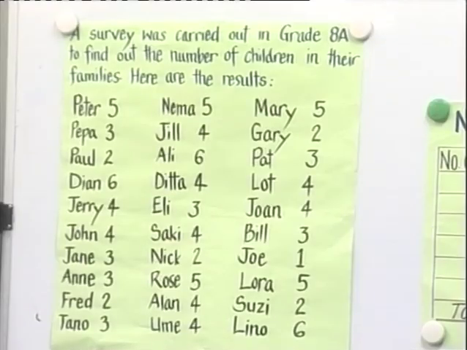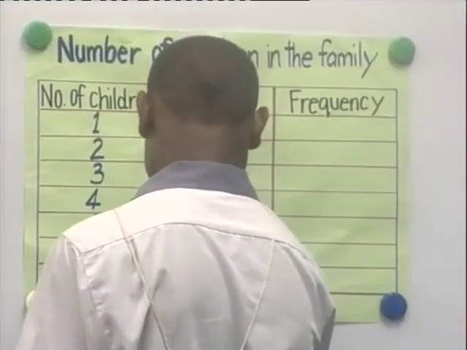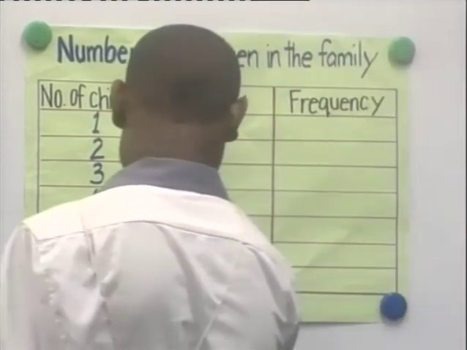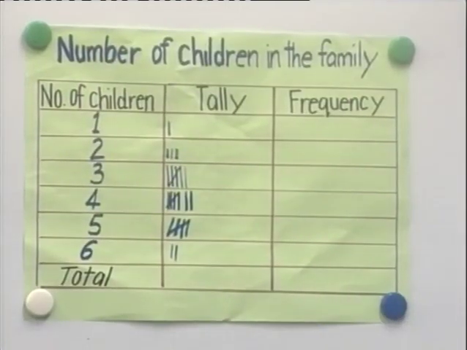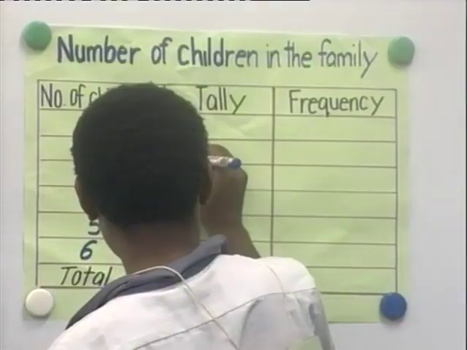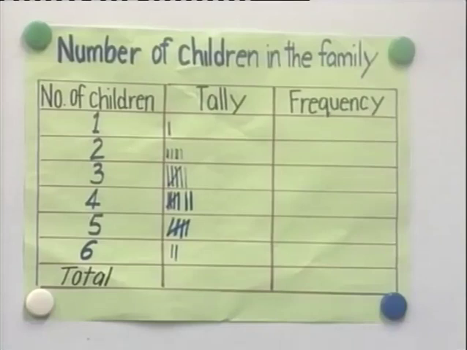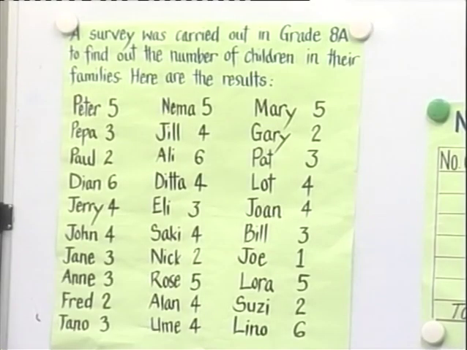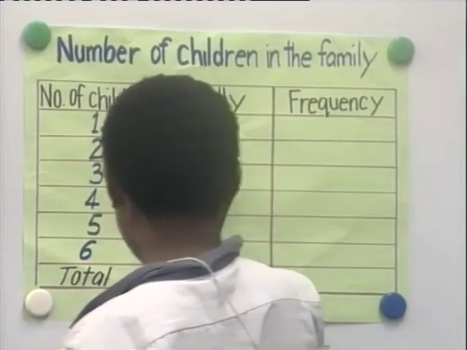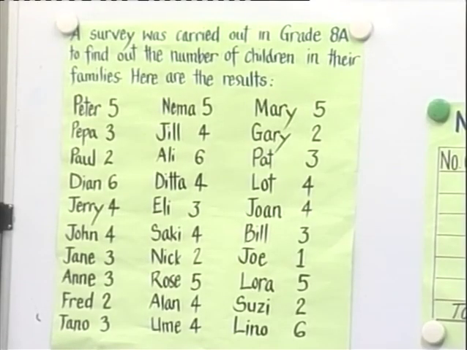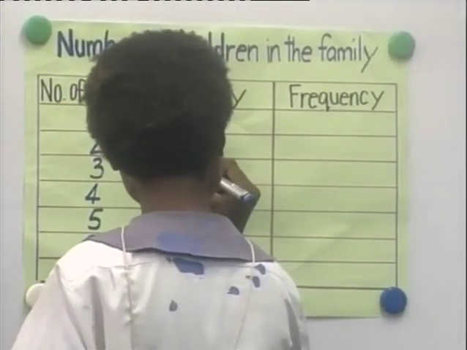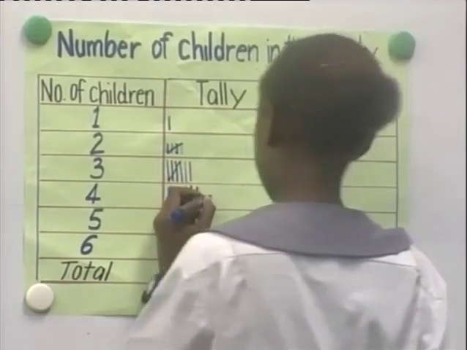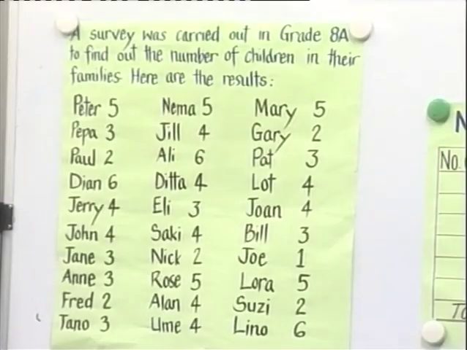Rose 5. Laura 5. Fred 2. Alan 4. Susie 2. Tano 3. Ume 4. And Lino 6.